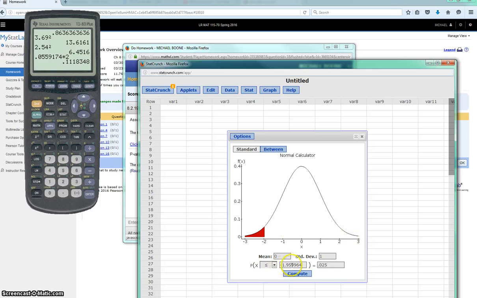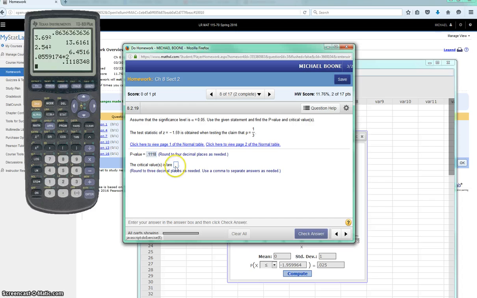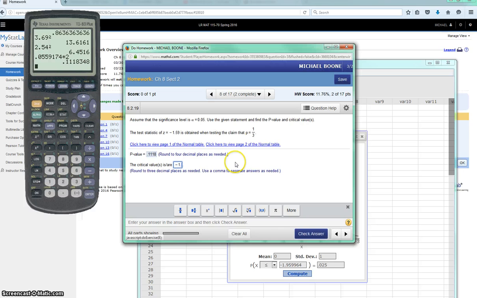So this negative 1.96 and positive 1.96, they said, so negative 1.960, comma, and 1.960. Those would be my critical values. So any test statistic past these values, I would think that's very rare that would happen. This 11% that we have is not that rare.